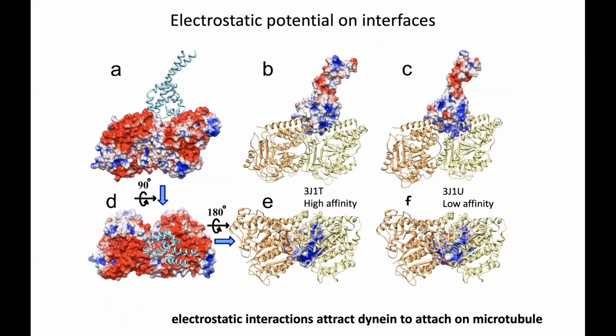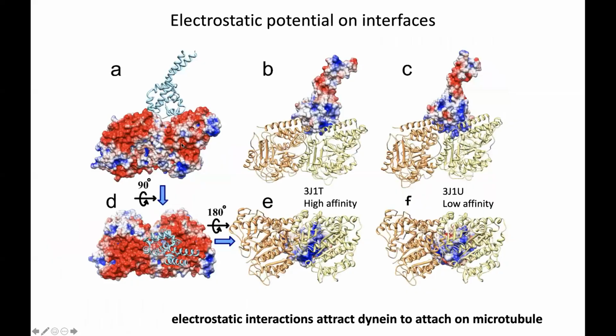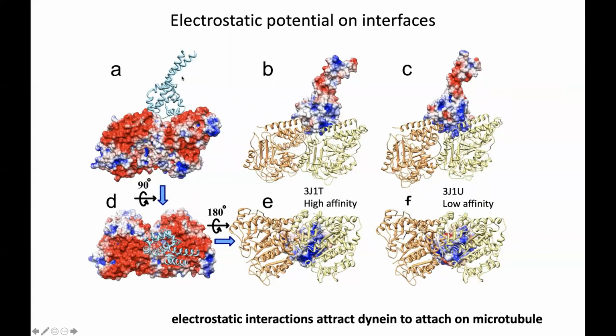From physics, if you want to control the step size, the most effective factor should be some local interactions, like electrostatic interactions. To study the local interactions, we try to investigate or calculate the interactions happening between the binding domain and the microtubule locally. So we downloaded the structure of the dynein binding domain and microtubule.